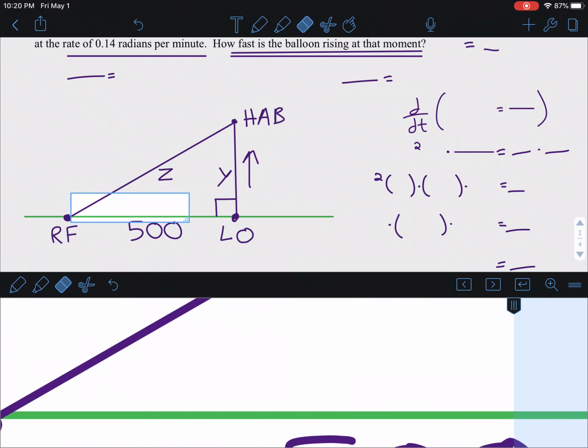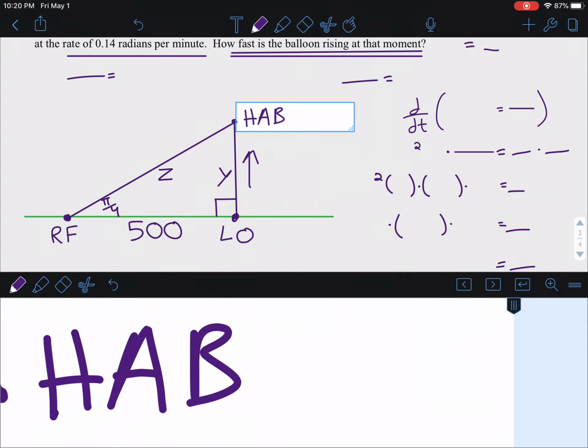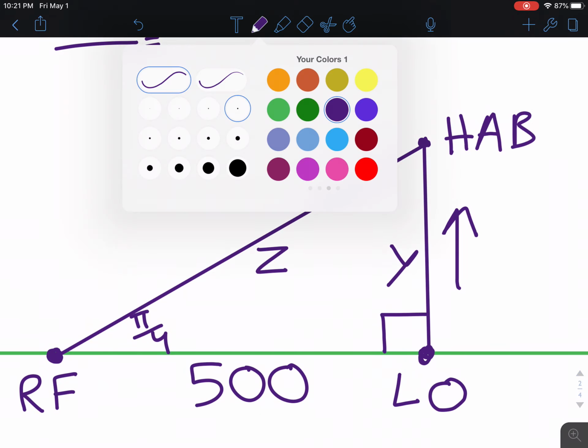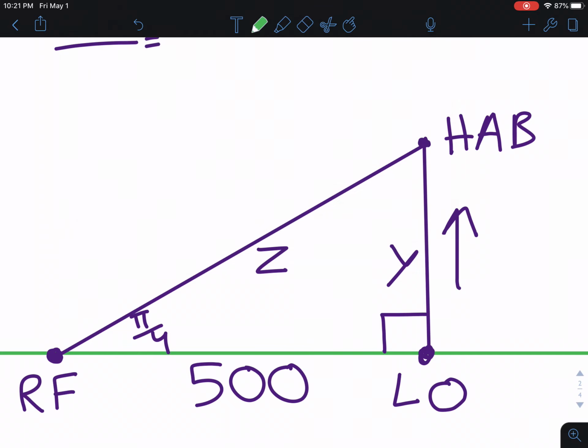Now, don't get crazy here and write pi over 4, right? Again, think about the motion of this hot air balloon. I'll draw this real quick and then I'll erase it. If the hot air balloon goes up even more, then the elevation angle from the rangefinder is going to be bigger than pi over 4. That's going to get bigger.